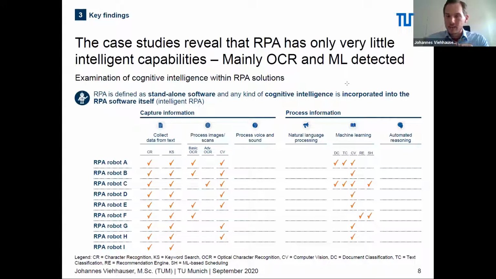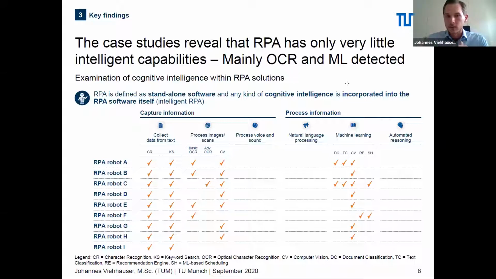But what we detected is that machine learning is more and more used for RPA, and it's very well suited for RPA in case it increases the applicability or efficiency of RPA without affecting the reliability of results. What we saw is that the tools that have OCR capabilities also provide machine learning based document and text classification capabilities, so that they are able, in cooperation with the human users, to detect and classify texts and documents.